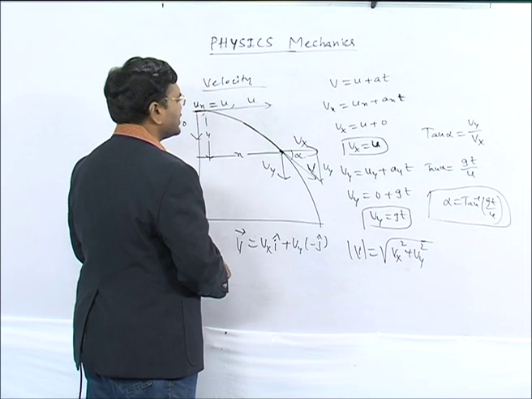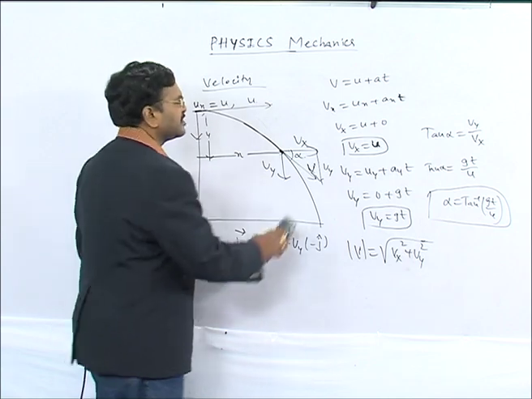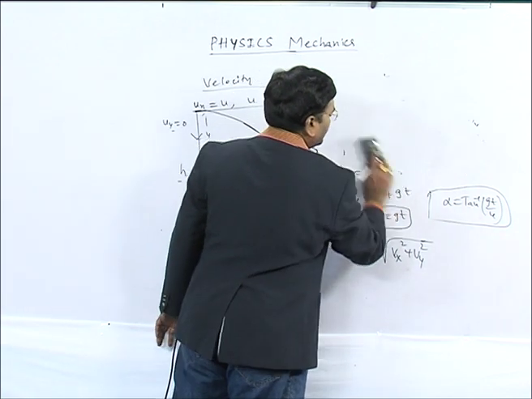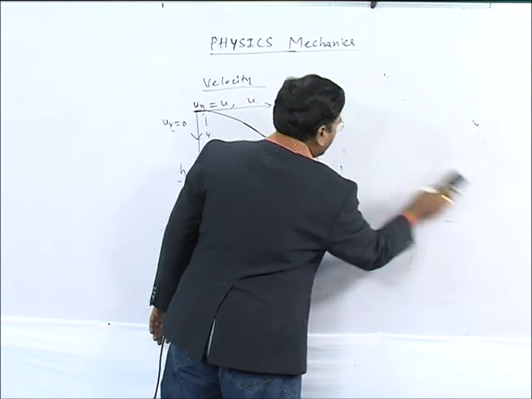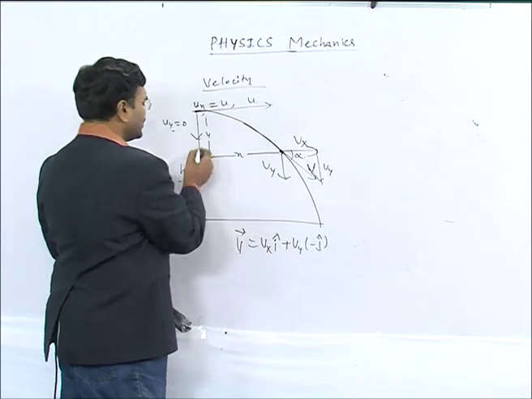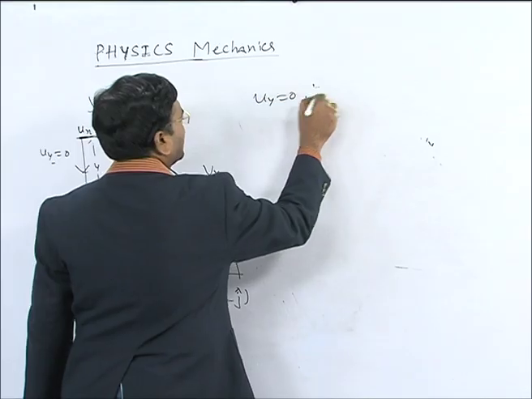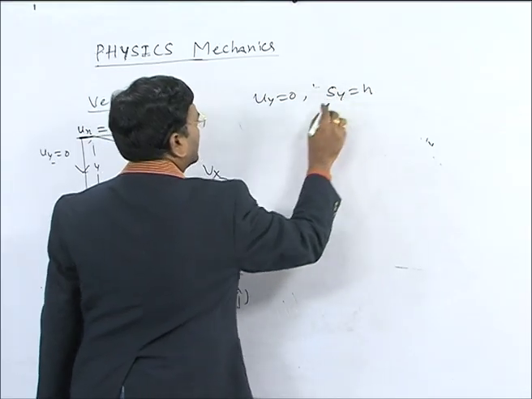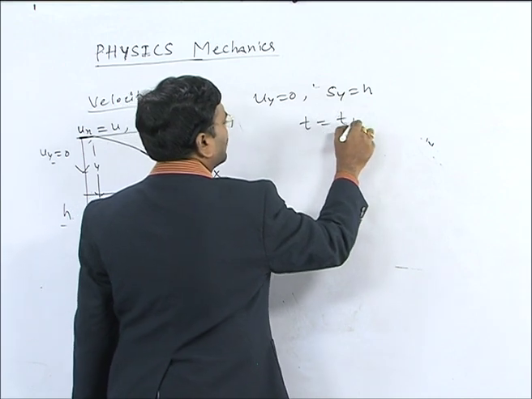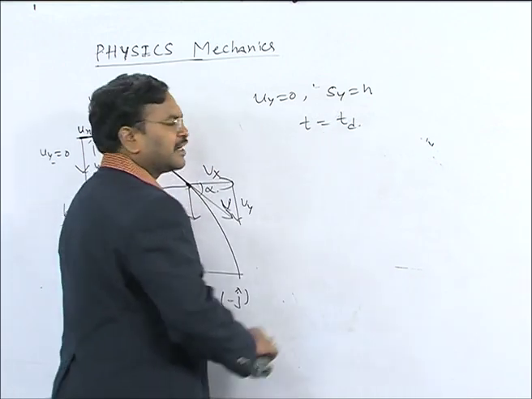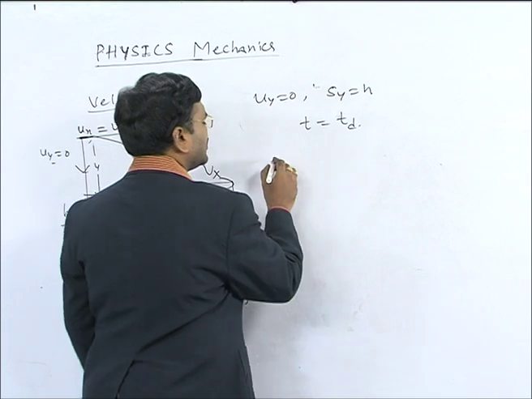Time of descent of a projectile. Here Uy is 0, Sy is H. Now time is equal to time of descent, T is equal to Td.